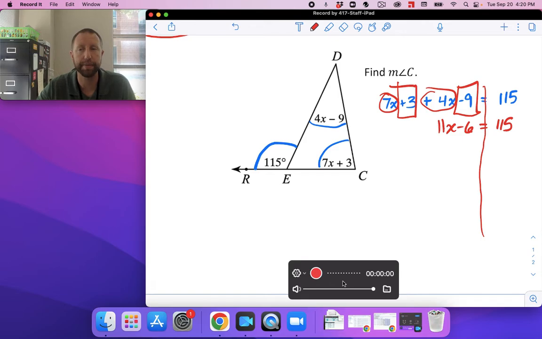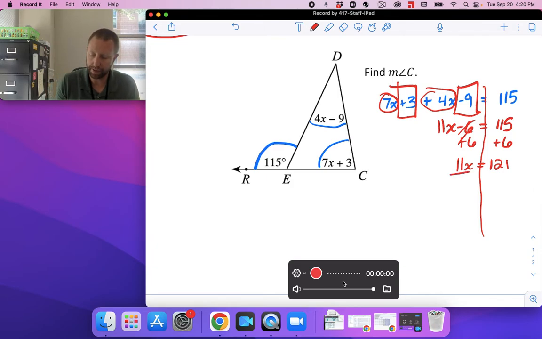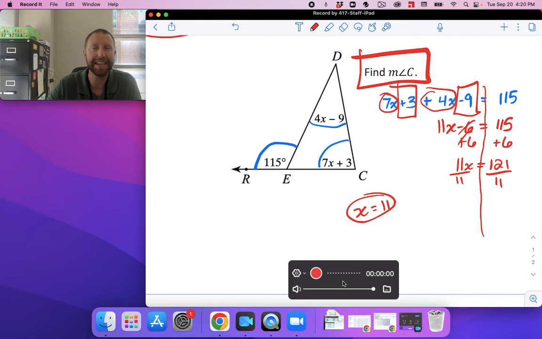Now it's time to do the opposite. To get rid of that minus 6, I'm going to add 6 to both sides. That leaves me with 11x equals 121. Now it's time to divide both sides by 11. And that gets me x equals 11. 121 divided by 11 is 11. All right, but they want us to find the measurement of angle C, right?